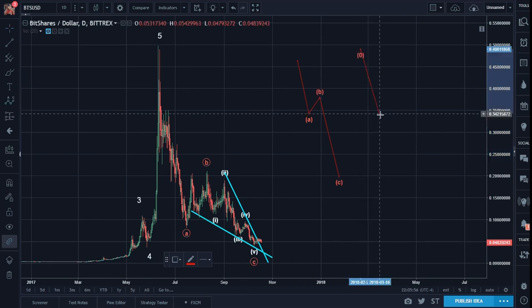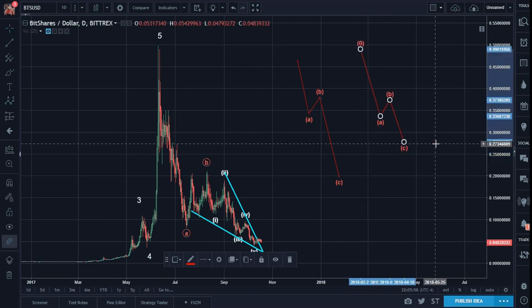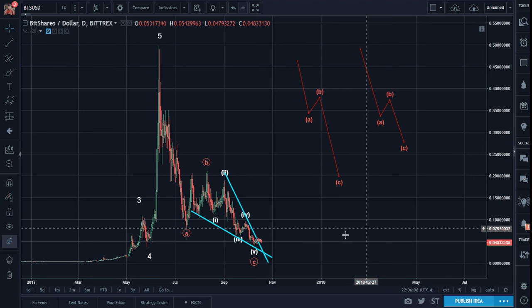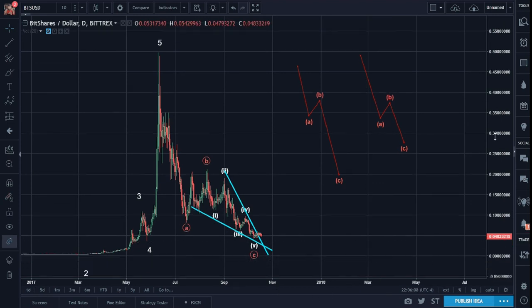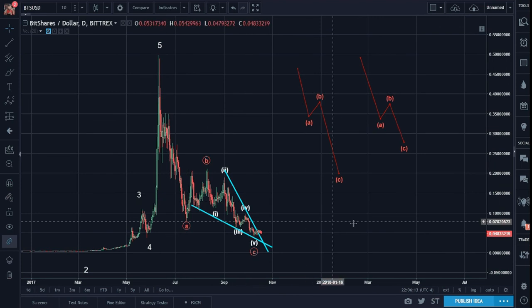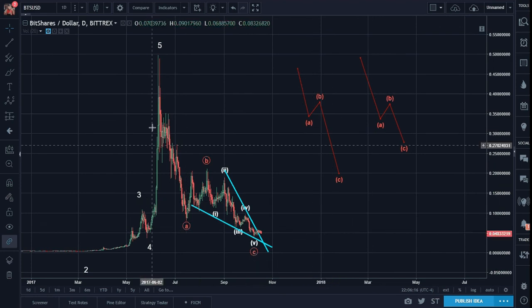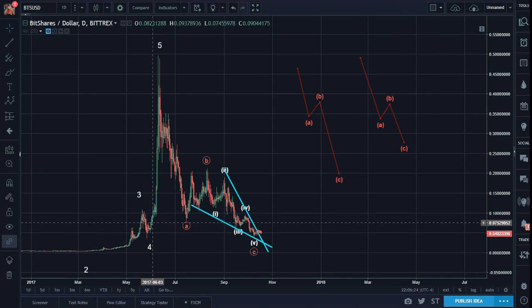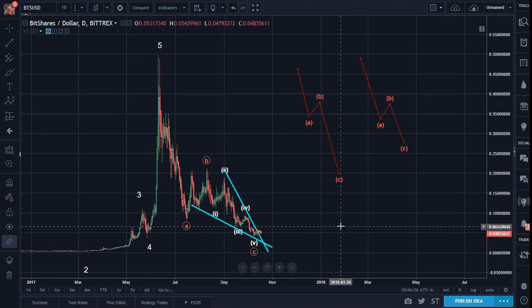But more often than not, in cryptos, you will see this, a personality trait feature of cryptos. Okay? Although with an extended fifth, even in equities, the retrace is very deep, usually to this wave 2 of the fifth wave or beyond the fourth. Okay? And that's pretty much where we are now.